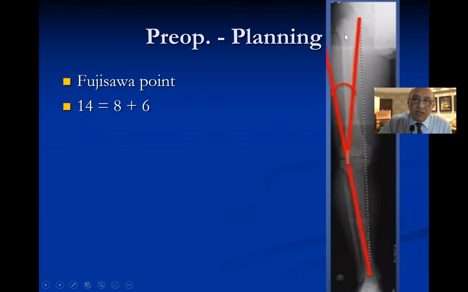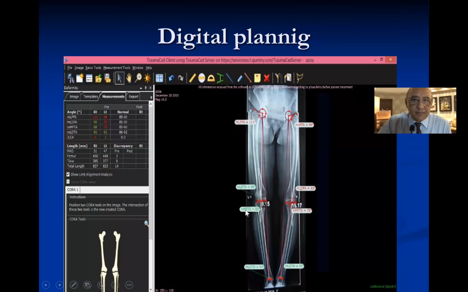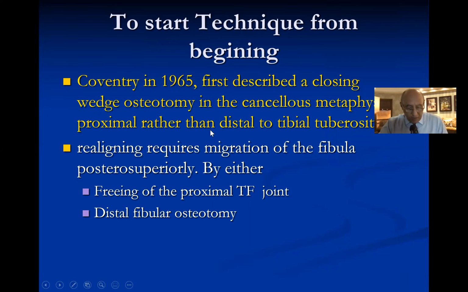In this case, if we take the mechanical axis to the Fujisawa point and the mechanical axis of the tibia to this point and extend it, then we get this angle, which in this case is 14 degrees. There are quite a few computer programs for making the digital planning. We cannot go through this now. And we go through the technique of the osteotomy.